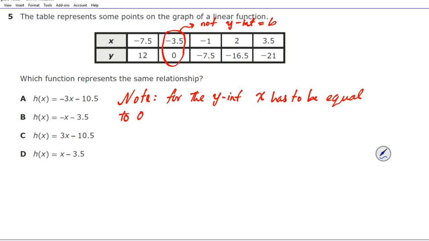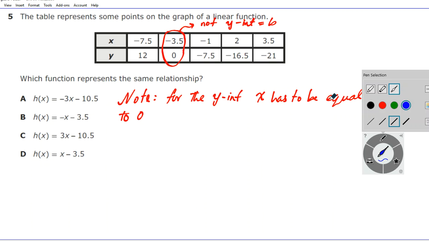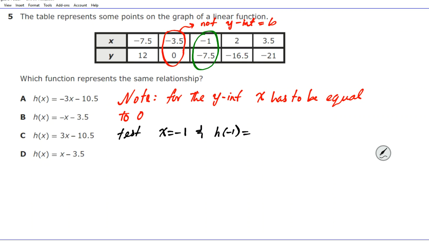To help us answer this question, what we're going to do is pick an ordered pair and see which equation satisfies that ordered pair. Okay, so let's go ahead and just pick negative 1 and negative 7.5. So we're going to test the ordered pair where x is equal to negative 1 and h of negative 1 is equal to the y value, which is negative 7.5.